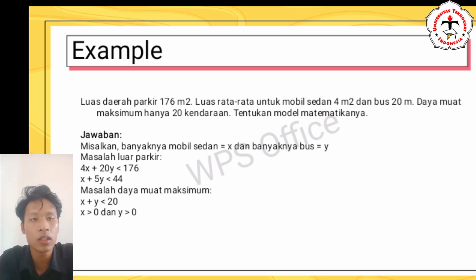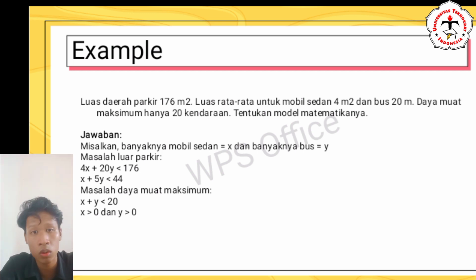Dari mana itu dapatnya? Jadi semua itu kita bagi semua, diperkecil menjadi dibagi 4 semua. 4 dibagi 4 habis yaitu 1, jadi kita tulis X saja. 20 dibagi 4 yaitu 5, jadi kita tulis 5Y, dan 176 dibagi 4 menghasilkan 44.